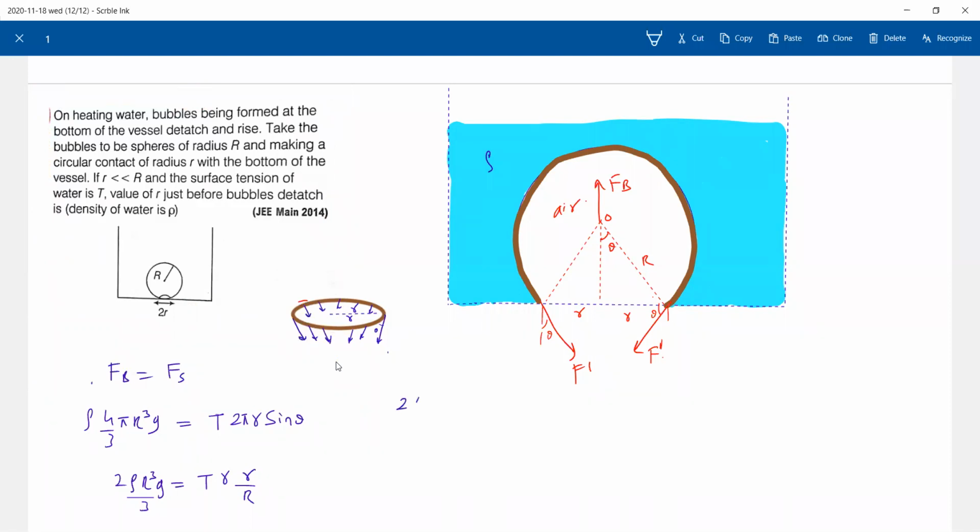So we'll solve for this. 2 rho r cube g is equal to T by r. r square will come outside: r is equal to 2 rho g by 3T.